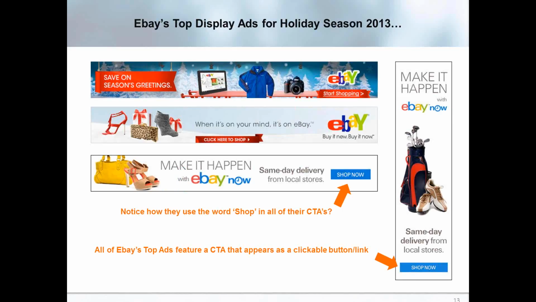Now, what do we notice in common here? Well, a couple things. One, their calls to action all use a shop, be it shop now, click here, start shopping. They're preying on the fact that it's the holidays, you need to go shopping, so they're using that word to try and lure you in. And then the other thing that we've noticed here, even though they all show different products and different types of things, is they all use a call to action that appears as a clickable button.